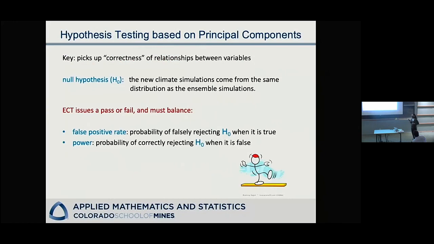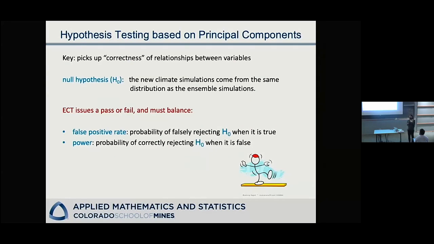What really differentiates it from comparing variables one-to-one is that we pick up changes in the relationships between variables. And that turns out to be relevant. Let's say you have an ensemble of 500 runs. In individual variables there would be a very wide spread, but how they concur jointly is very different.